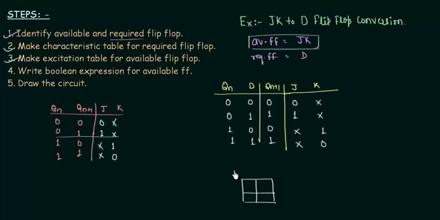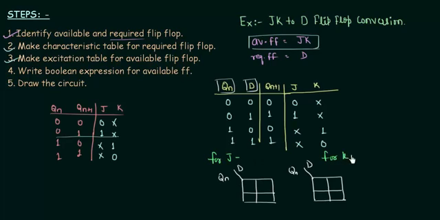So let's make it first. We are going to require 2 such maps, one for J and one for K. Okay, and the inputs are definitely Qn and D. So Qn D, Qn D. Let's say my first K-map is for J and my second K-map is for K.